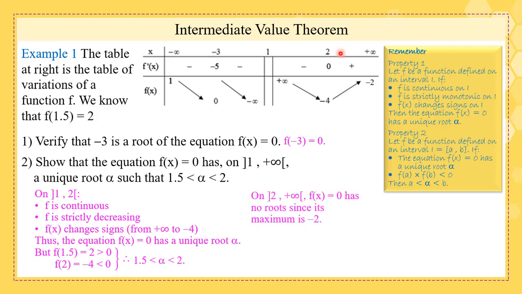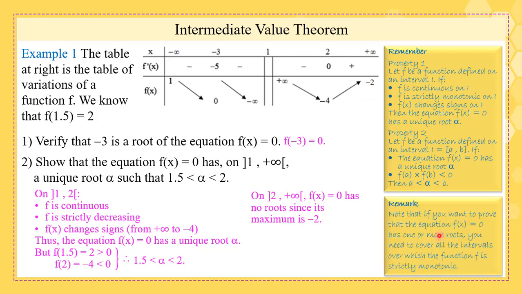Now don't forget to study it on the second restriction, I mean on [2, +∞). We can see that on [2, +∞), f of x equals 0 has no roots. You see here, it has no roots. f of x can never be 0 because its maximum is about -2. Note that if you want to prove that the equation f of x equals 0 has one or more roots, you need to cover all the intervals over which the function is strictly monotonic.